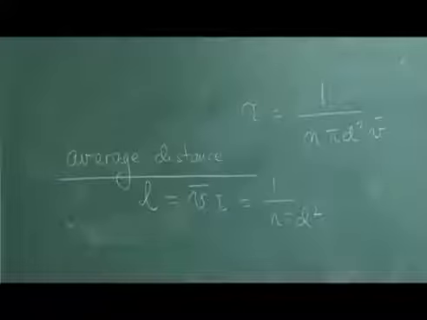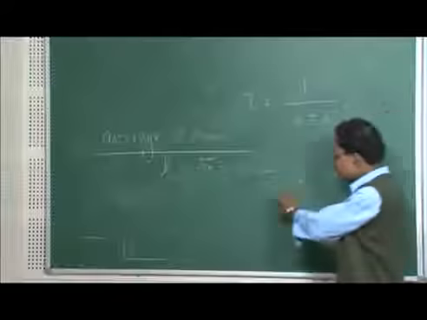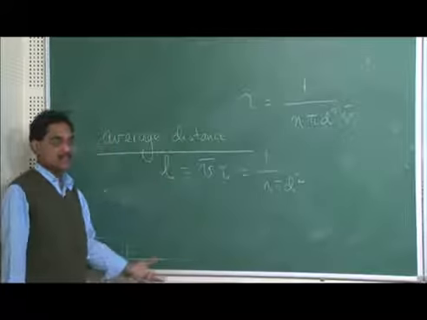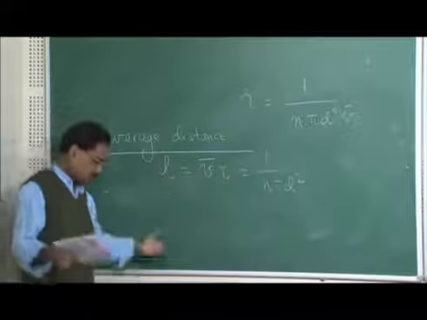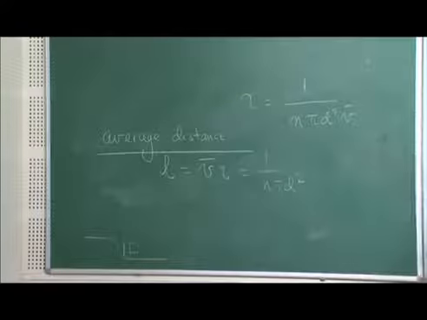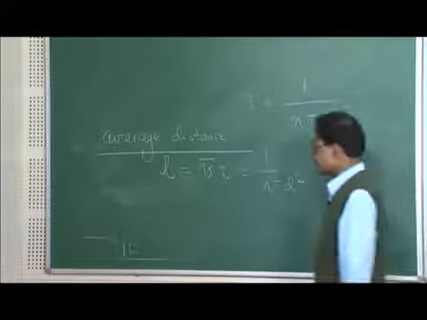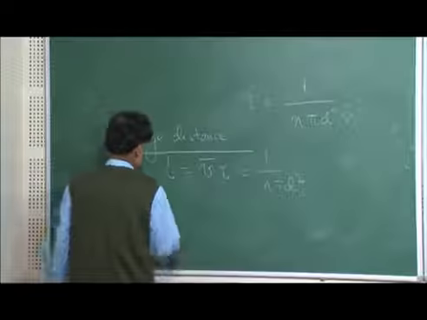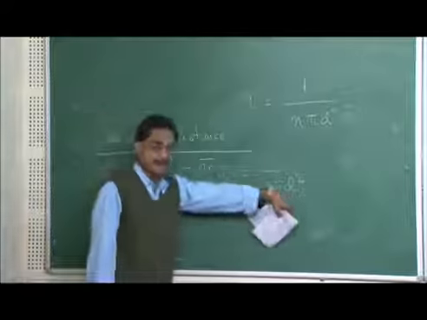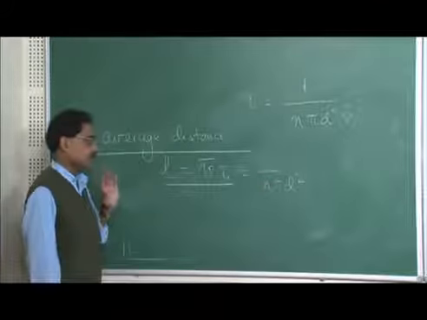So, for practical purposes, this length is very, very large, and one can, for mathematical purposes, assume there is no collision inside the container. But for realistic situations, there is a mean free path given in terms of n and d. But that is not the end of the story.